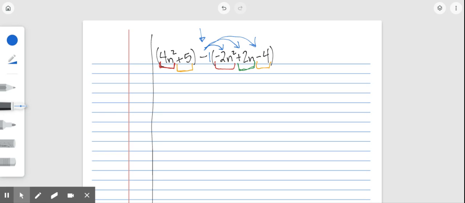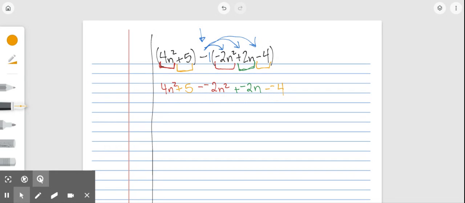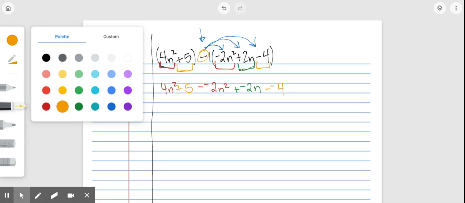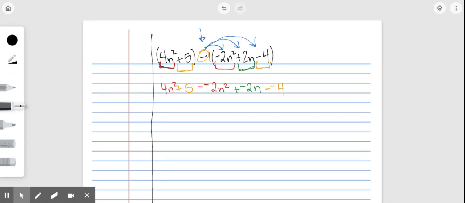So this becomes positive 4n squared plus 5 minus negative 2n squared plus negative 2n minus negative 4. Notice each time I added a negative to each term in that second polynomial. Recall that subtracting a negative is the same as adding a positive. Adding a negative, you know what that is, and then another subtraction of a negative, so this is adding a positive.